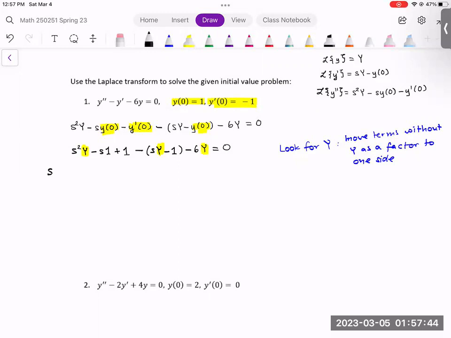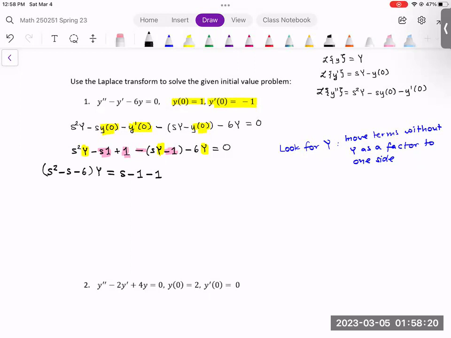We have s squared minus s minus 6 times Y on the left side is going to be equal to s minus 1 minus 1 on the right. So on the right hand side, minus s becomes plus s, plus 1 becomes minus 1, and then negative 1 gives us another plus 1.